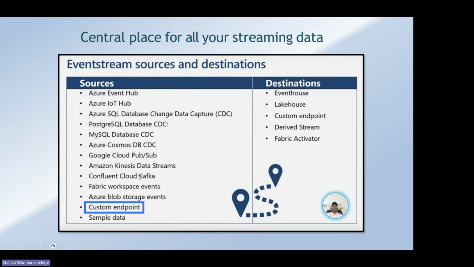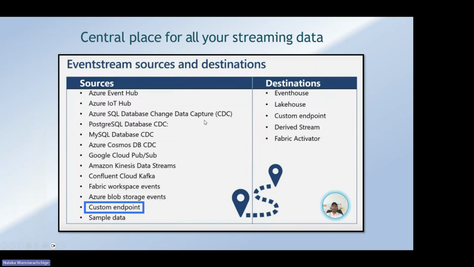As I mentioned earlier, these are the sources and destinations in the event stream. Most of the sources are currently Azure Event Hub and IoT Hub sources, but you also have CDC (change data capture), Fabric workspace events, and Azure Blob Storage events as data sources. In our use case, we are using a custom endpoint as our source, and for the destination, we are using Eventhouse.